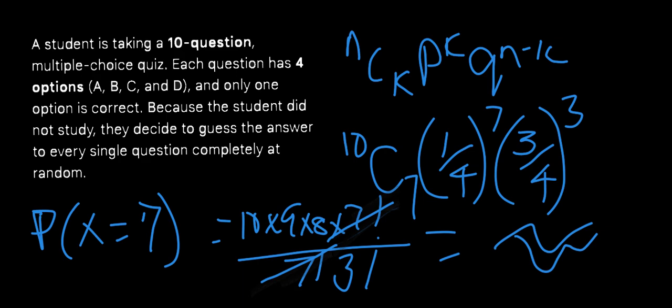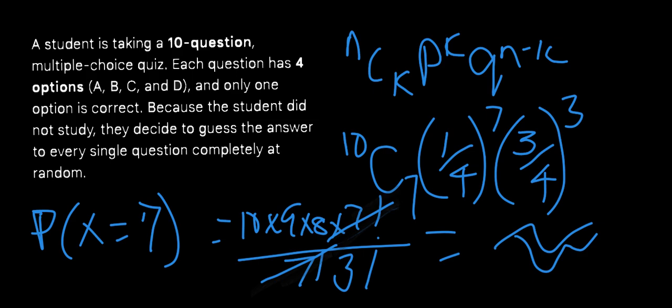So yes, we can simply use the binomial distribution to calculate the probability of discrete values, where n is the number of selections, and k is the number of items that you are going to choose.